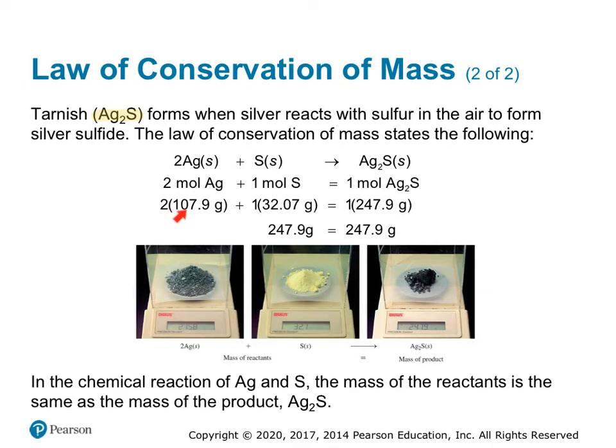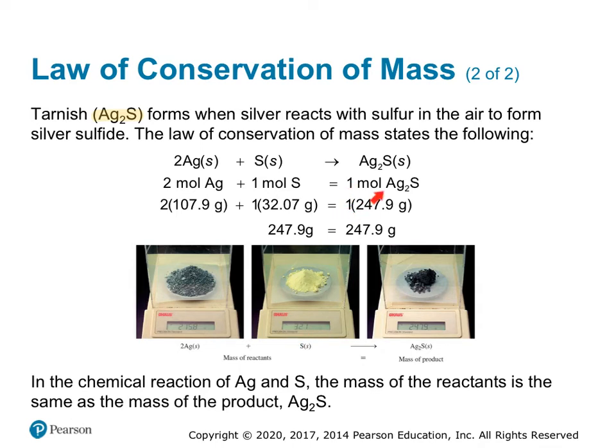Then I look here and I see this is the molar mass of silver, and there are 2 moles of silver, so I take 2 times 107.9, and it comes up to be 215.8. I see that there's 1 mole of sulfur, 32.07 grams. You can see here 32.1 grams, rounding up.